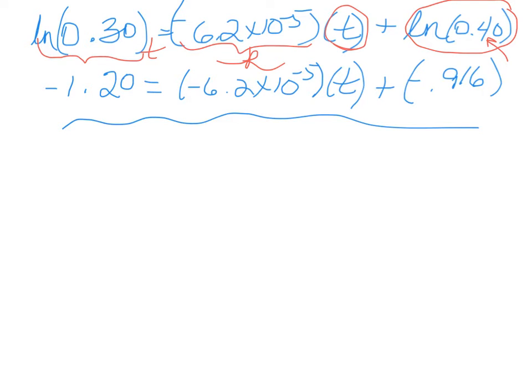The first thing you want to do is add 0.916 to both sides. Okay, and get rid of that. So I'm going to go ahead and do that. Oops. I am working it out as I lecture.